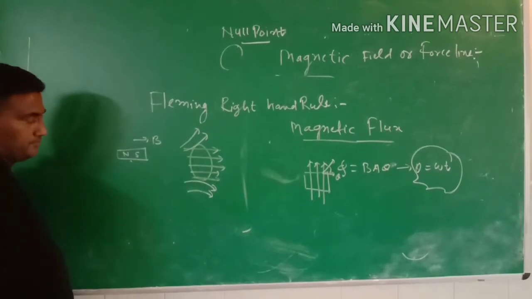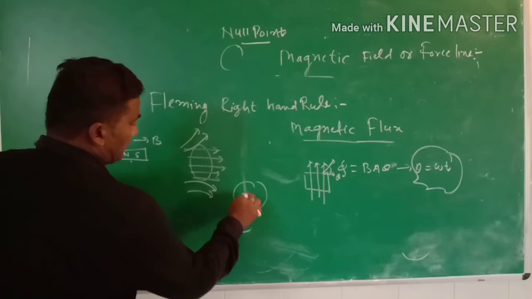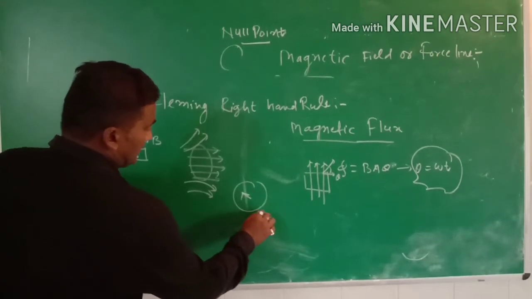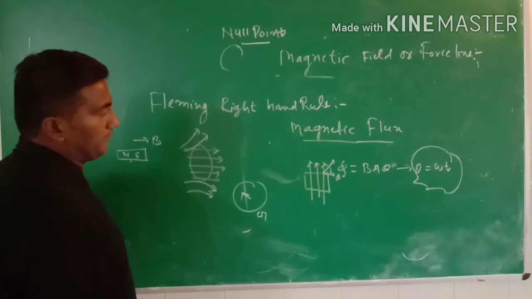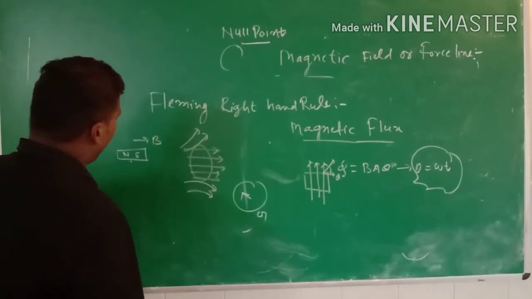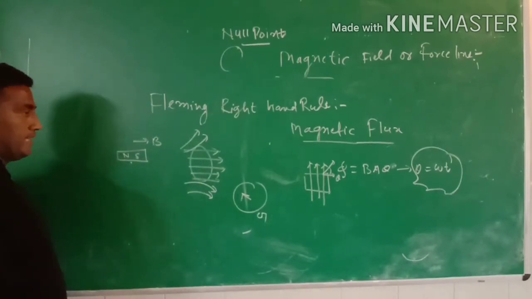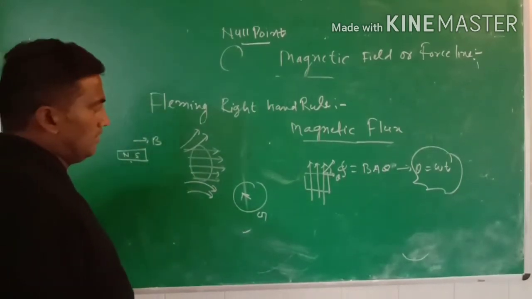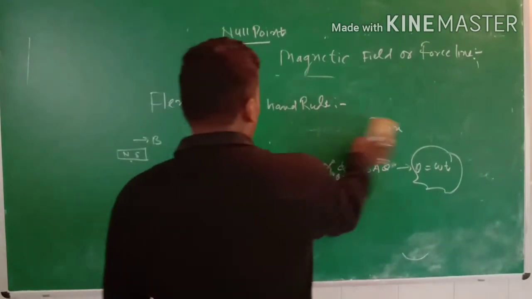If we use a galvanometer, its deflection is just opposite to the direction of the linkage of magnetic flux and the magnetic field. Then the induced current is developed in the device, as explained by Faraday's experiment.